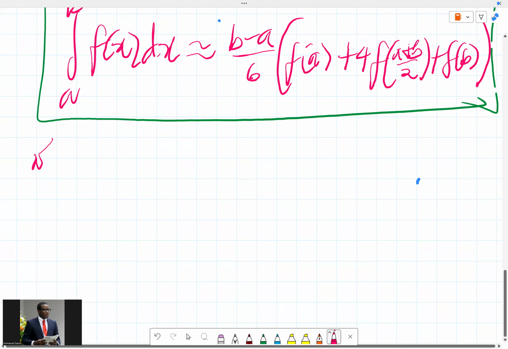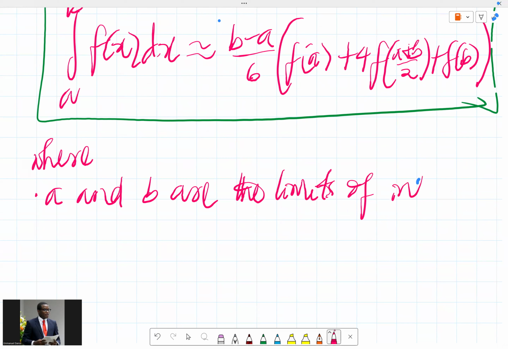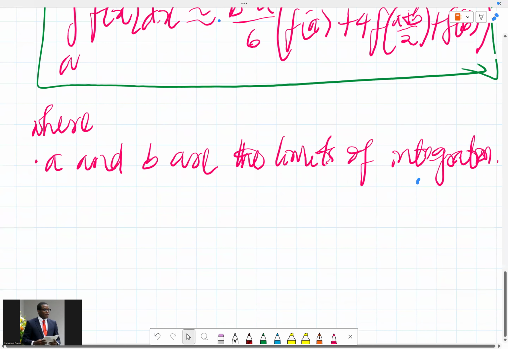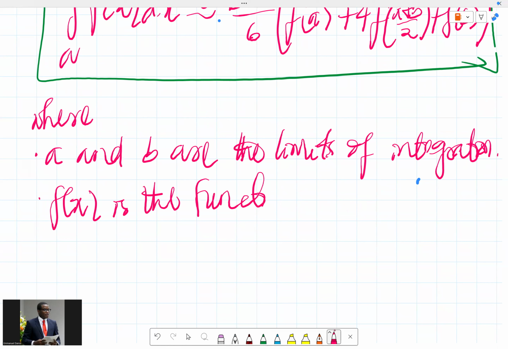Now, where a and b are the limits of integration. Then we have f of x itself, the function to be integrated, otherwise known as the integrand.